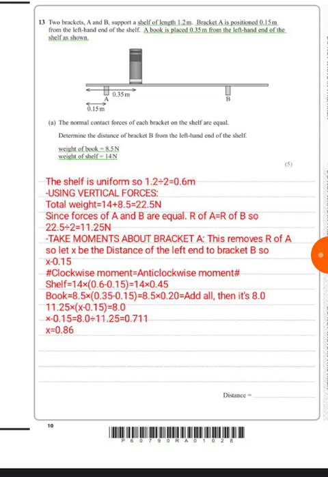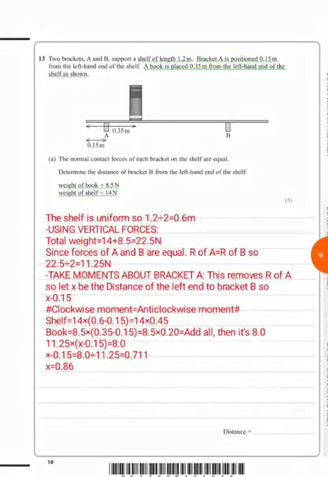Then it is equal to 8.0, because 8.0 is the total moment of the shelf and the book. So X minus 0.15 equals 8.0 divided by 11.25, which equals 0.711, and when we solve for X, we finally get the answer, 0.86. So the distance is 0.86.